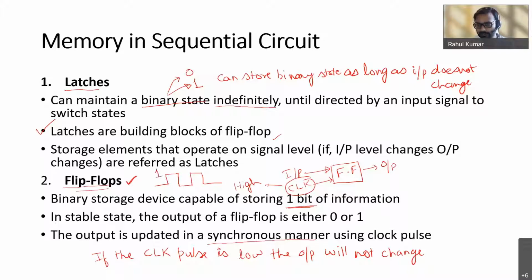If your signal is high, it signifies 1. If it is low, it signifies 0. So in the case of a flip-flop, only when the clock pulse is high, the output will change.